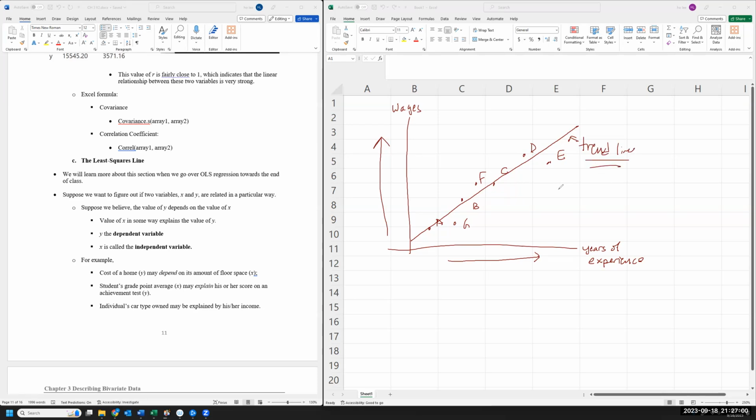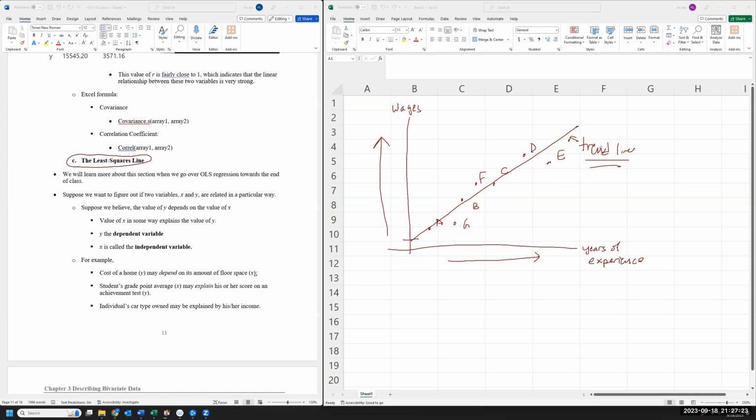What we are going to do in this lecture is estimate this trend line. We're going to figure out how Excel created this trend line, and figure it out ourselves. Just basically figure out what the y-intercept would be.